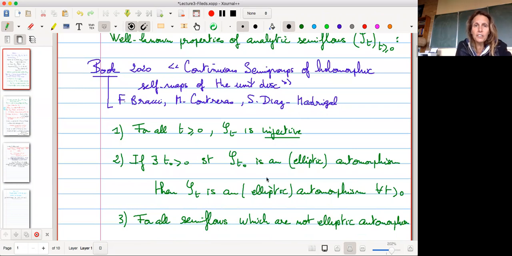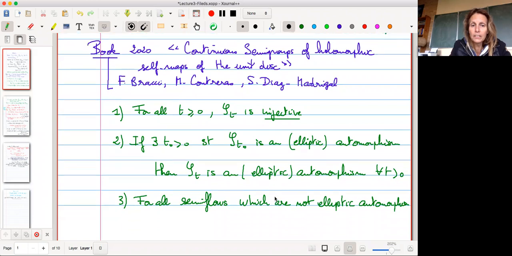A second observation is that if for some t0 it happens that phi_t0 is an automorphism, or even an elliptic automorphism, that is an automorphism with a fixed point inside the open unit disk, then all phi_t are of the same kind of functions. So all the phi_t are automatically automorphisms, and if one of them is elliptic, all the others are elliptic.